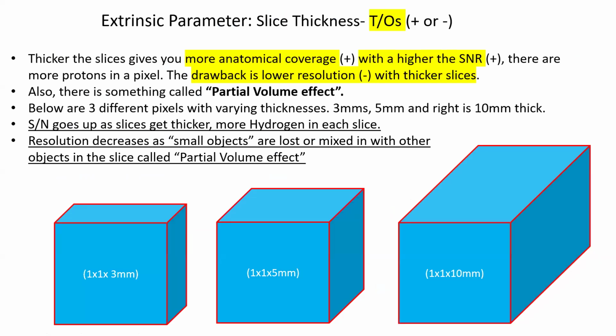Now, what about this partial volume thing that I talked about? So partial volume effect gets worse as slice thickness goes up. 3 millimeters versus 5 versus 10. Partial volume is an average of everything that's in each one of these. So if you've got a small dark object in a 10 millimeter thick slice, it's going to get averaged in, and it's not going to change the signal intensity of the pixel.